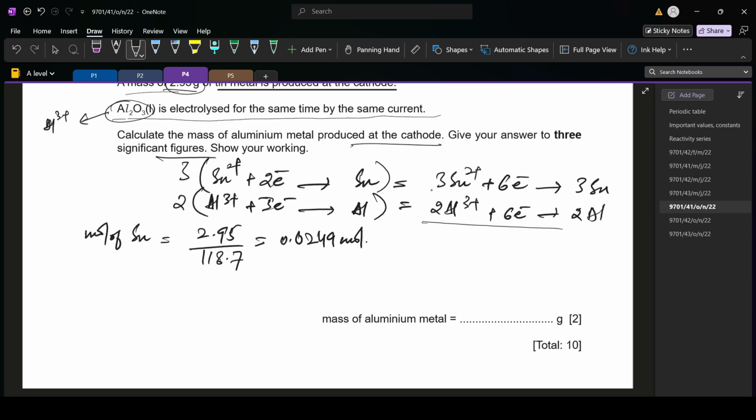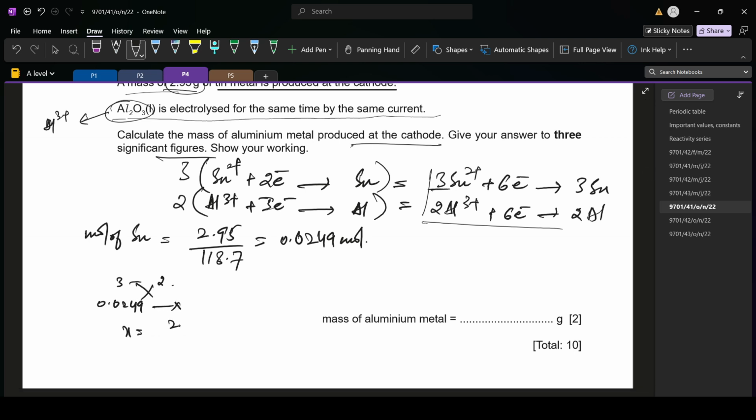You can see the ratio from these equations. The ratio is 3:2. When 3 moles of tin are formed, 2 moles of aluminum are formed. So when 0.0249 moles of tin are formed, how many moles of aluminum will form?